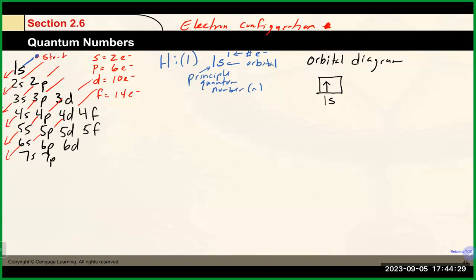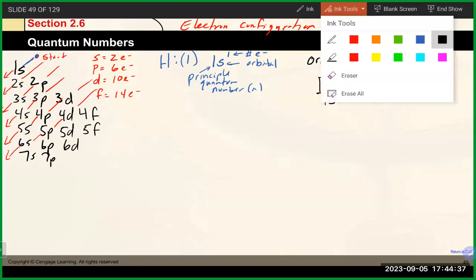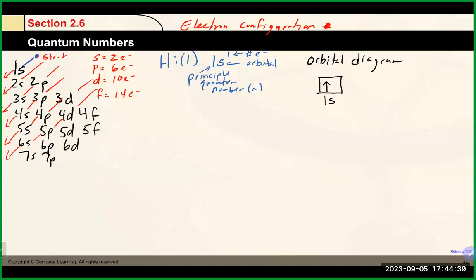So tying this into our quantum number discussion, we can assign the 4 quantum numbers for this electron. This electron would have an n value of 1, as it is on the first energy level. It should have an L value of 0, right? n minus 1, 1 minus 1 is 0, and 0 represents an s orbital, which is where the electron is hanging out.